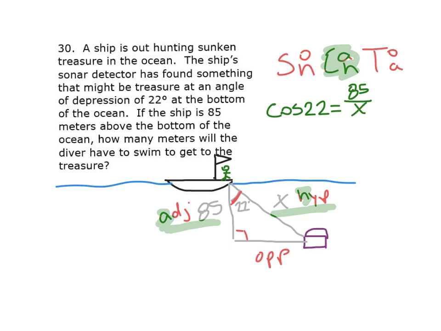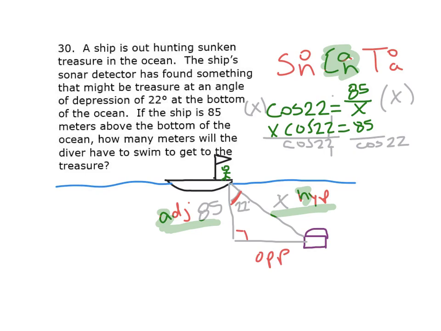85 over x. In this one, when we're solving for x, the first thing we need to do is get it out of the denominator. So we do that by multiplying both sides by x. This leaves us with x cosine of 22 equals 85. And now we're going to divide both sides by cosine of 22. Now we have our x isolated.